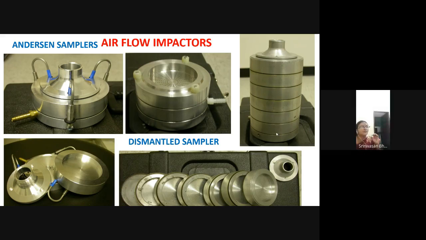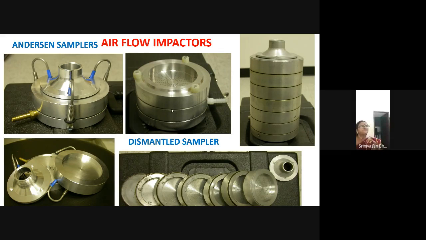The most dangerous one is the microorganism which settles at the 0.6 to 1.1 stage, because these microorganisms are very small in size and can travel into the alveolar region. So these are the 3 different types of Anderson sampler: the single stage, the 2-stage, and the 6-stage Anderson samplers.